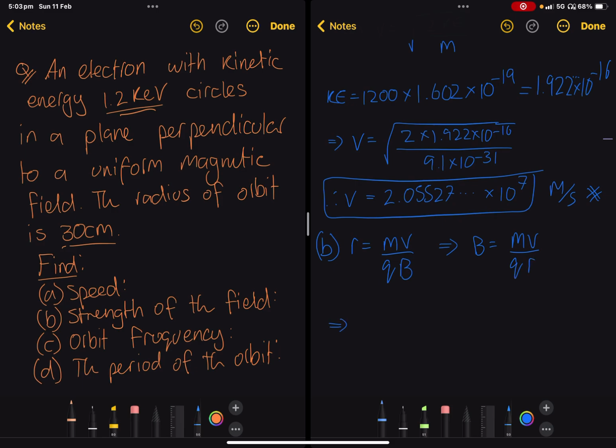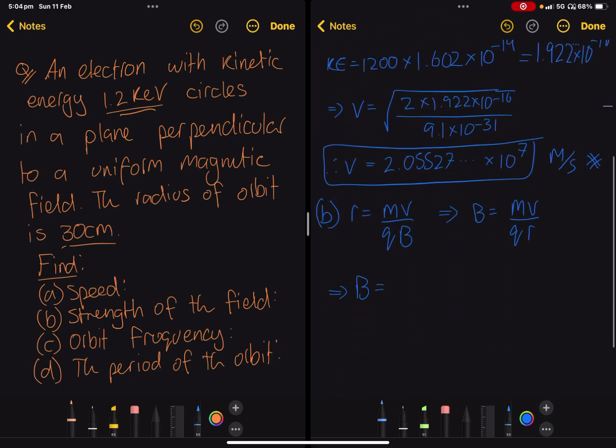So this gives us the field is going to be the mass of the particle, which we said was an electron, so 9.1 times 10 to the minus 31, multiplied by the velocity. Now this is 2.055 times 10 to the 7. We're just rounding these crudely, it's perfectly fine.